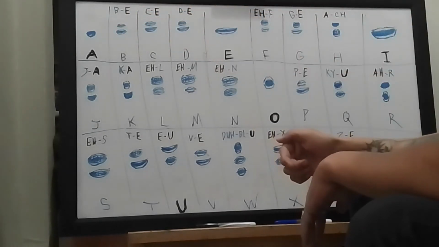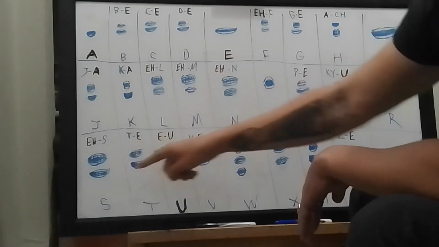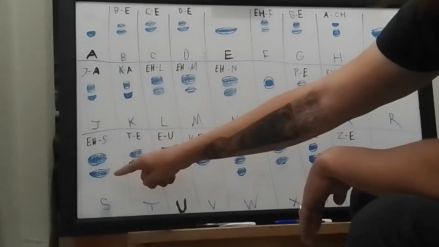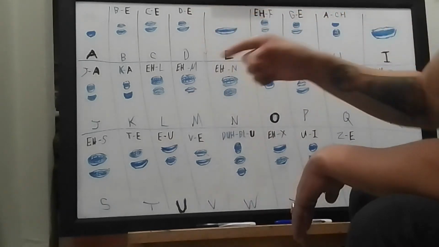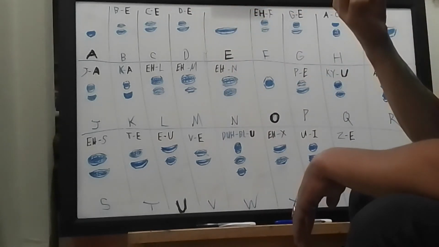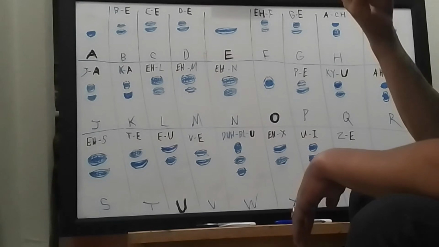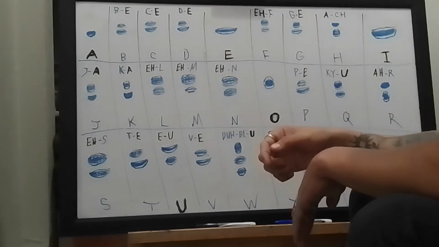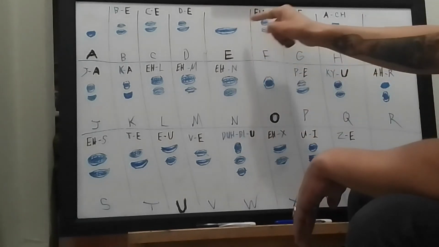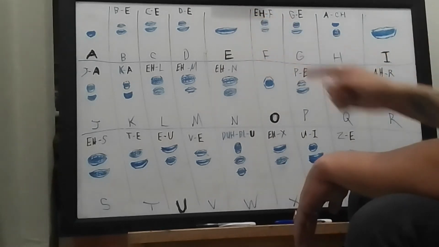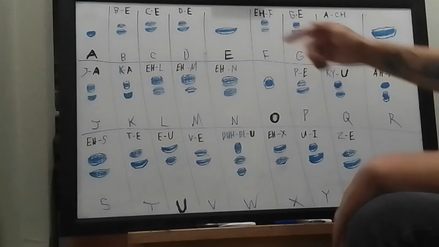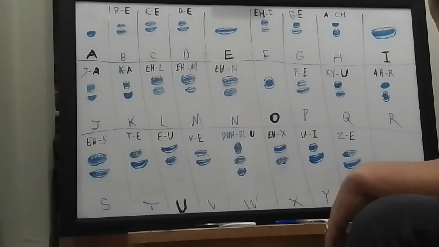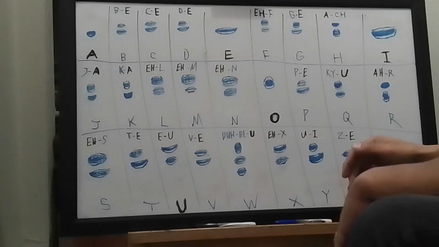Then S, it's kind of like this sound, S, E, D. You've got a little bit of your teeth showing, you're a little bit clenched, D, E. Then E, widespread, a little bit open, but mostly wide, E.